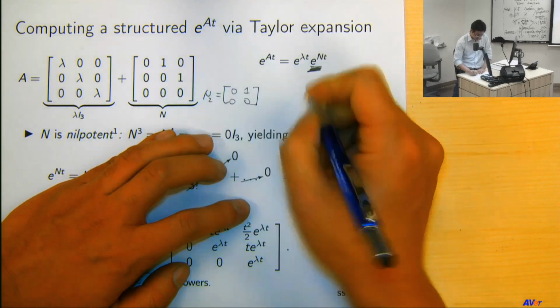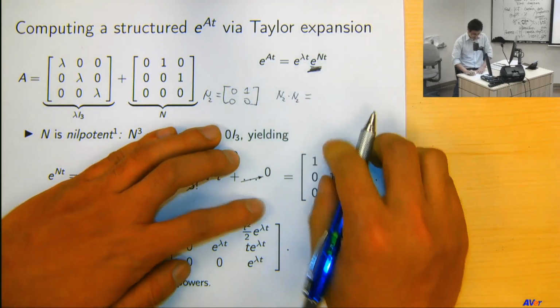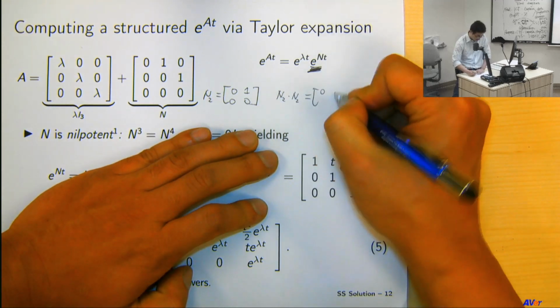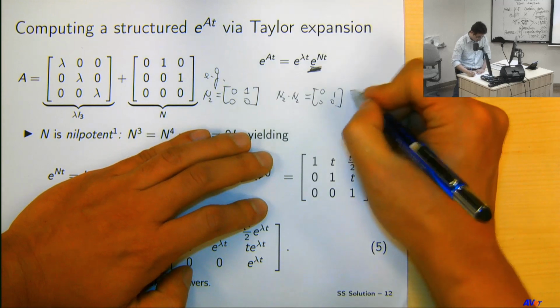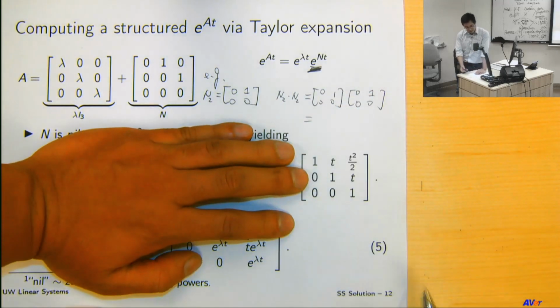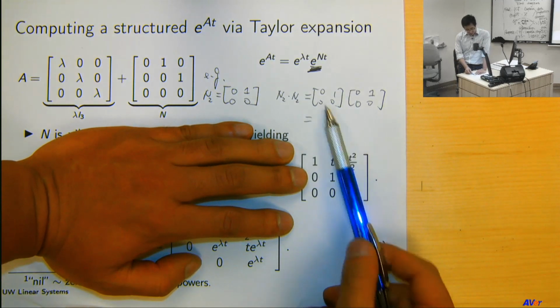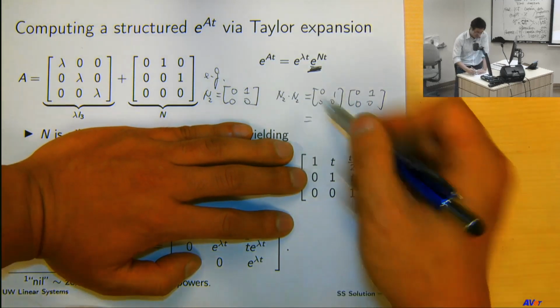N2, what will happen if you do N2 times N2? All right, so let's do the row interpretation again. What is the first row of the result?